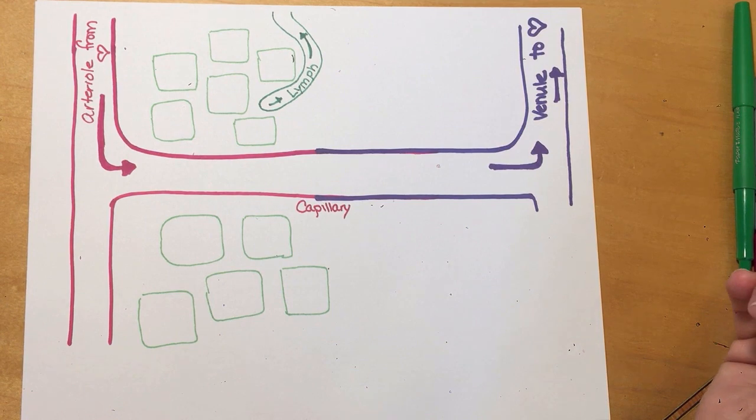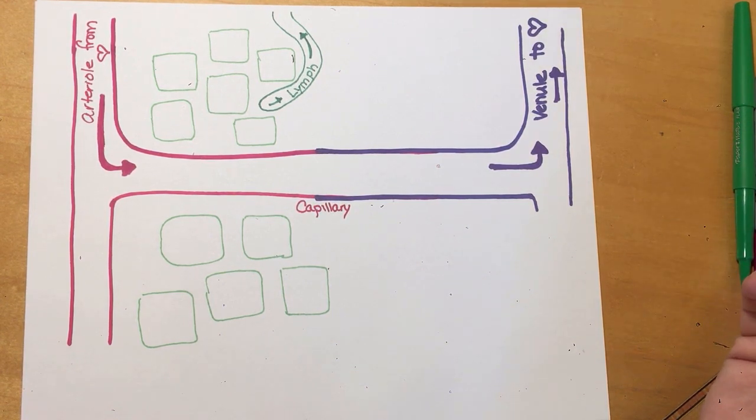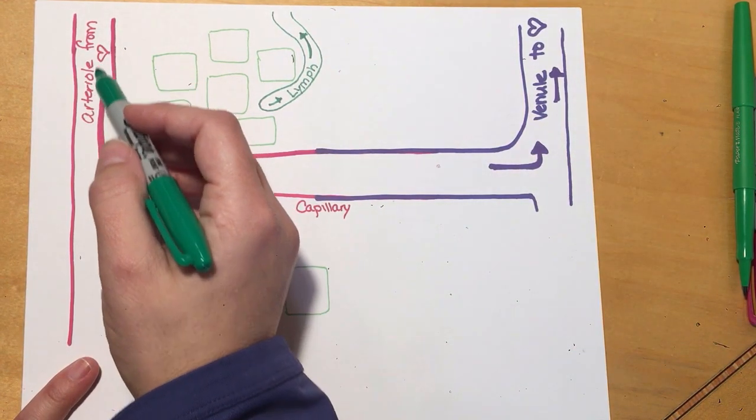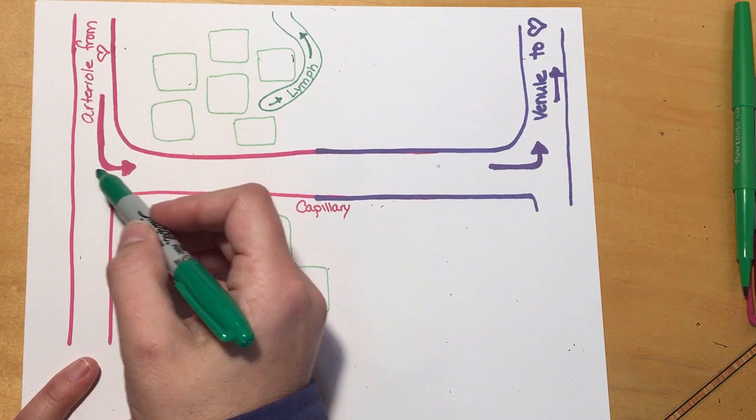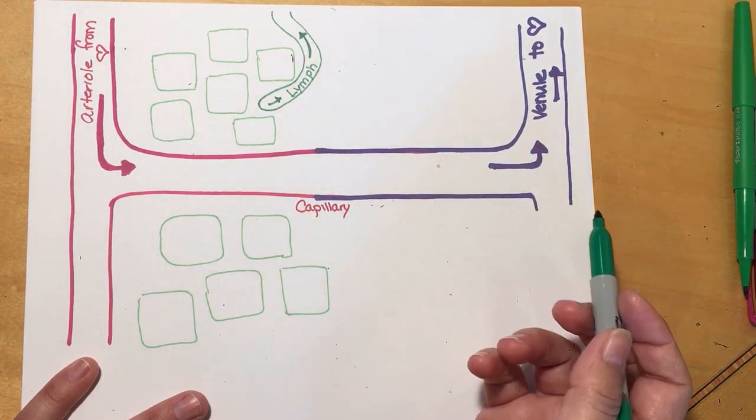When the blood leaves the heart, it leaves the heart in arteries. In the systemic circuit, the arteries carry oxygenated blood, and the arteries are going to split several times and get into smaller and smaller vessels until eventually they're going to end up in an arteriole, which will then direct the blood into something called a capillary.